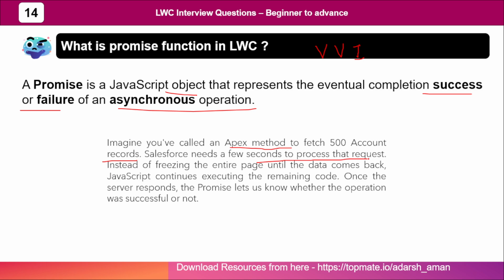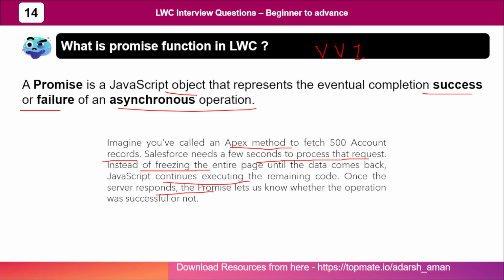So instead of freezing the entire page until the data comes back, JavaScript continues executing the remaining code. It is not waiting for the data to come immediately. Instead, it continues to run the other code we have on the component. And once the server responds, the promise lets us know whether the operation was successful or not.